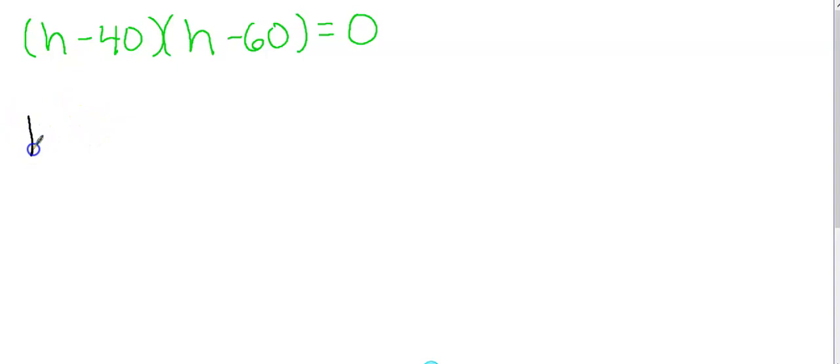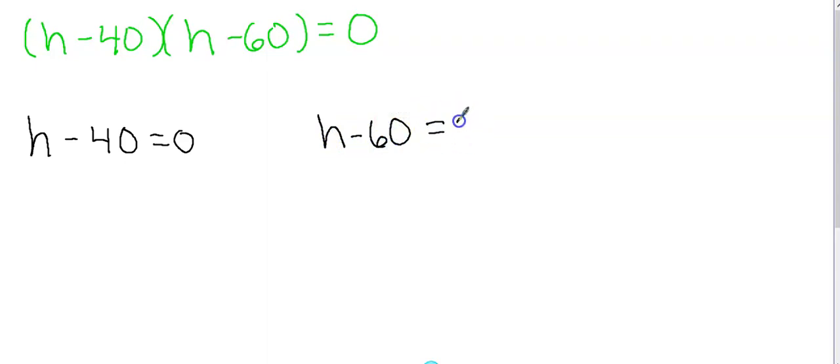That means I take my h minus 40, set it equal to 0, and separately my h minus 60, and set it equal to 0. Solve these little equations. The opposite of minus 40 is plus 40. So I'm going to add 40 on this side to get rid of that one.